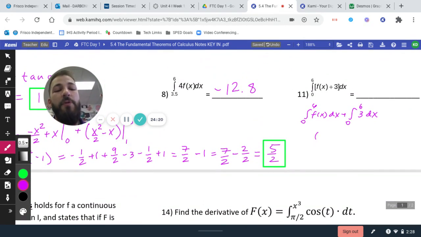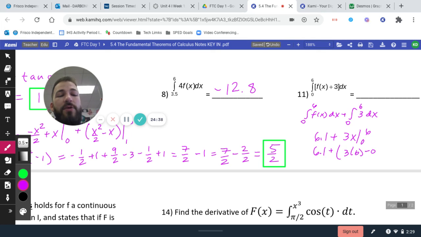So this is 6.1 plus, before I would think about this geometrically. I think of 3 as the horizontal line, y equals 3. But now I can actually integrate this. So this becomes 3x. I'm evaluating it from 0 to 6. So 6.1 plus 3 times 6 minus 0, which 3 times 6 would be 18. So this becomes 6.1 plus 18, which is 24.1.